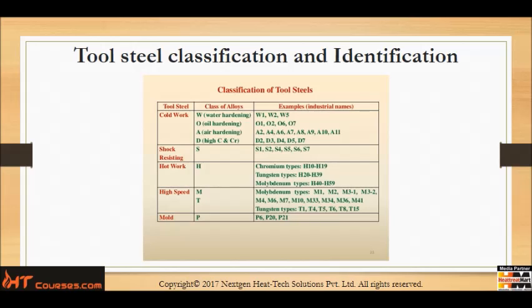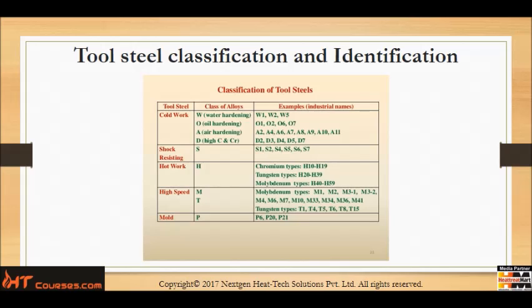This shows the classification of the tool steels and how the tool steels are identified. The tool steels have taken on the same controlling body, the AISI, and the AISI deemed it appropriate to call the first 3 the quench-based materials, and after that application-based.